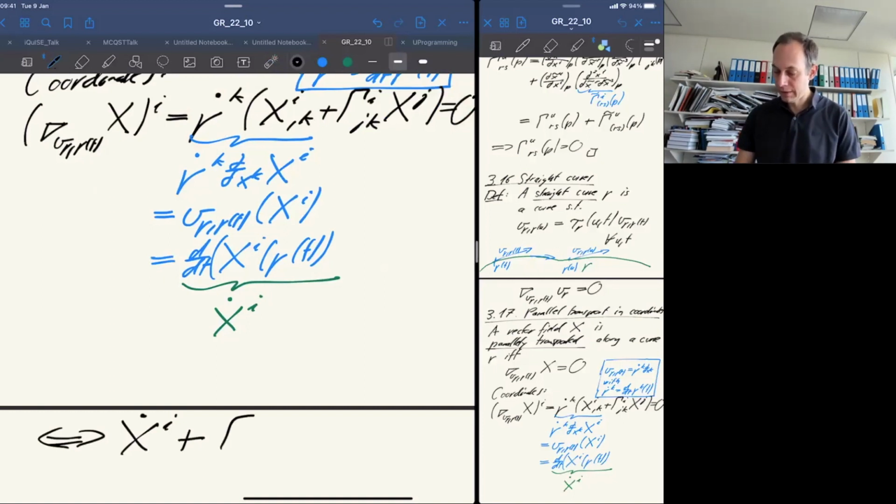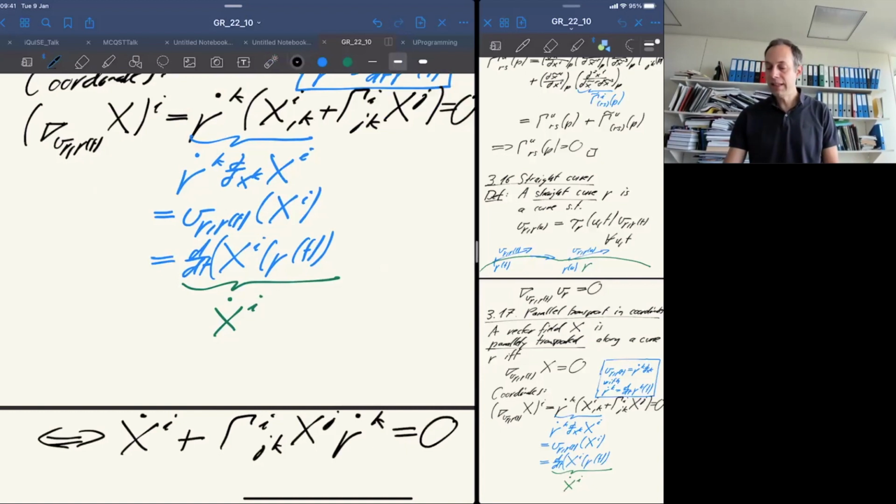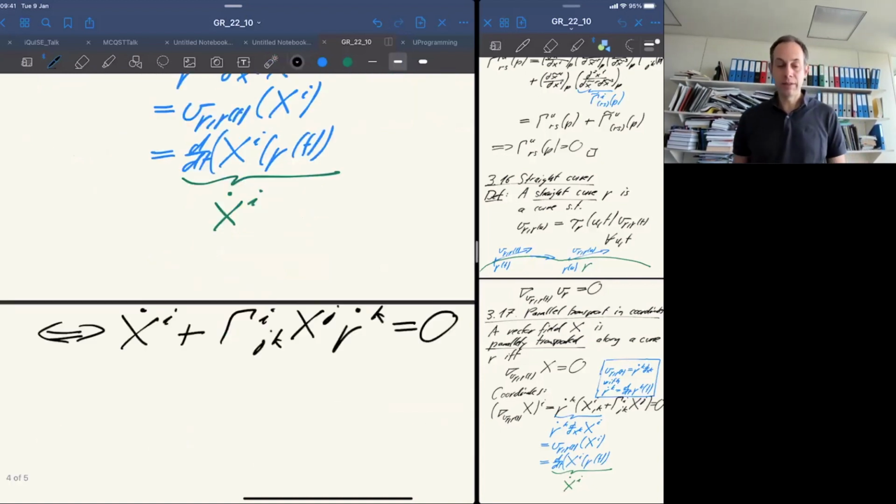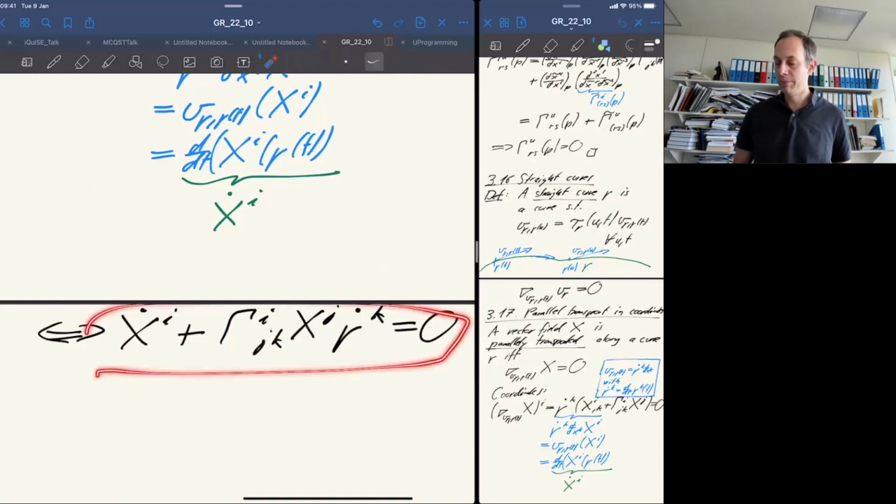So the second term consists of Gamma^i_jk, x^j, and then still the gamma dot from before the bracket has to be applied, and this whole thing should be zero. So that's the equation for a parallel transport of a vector field. Later we'll often have to find out whether a vector field is parallelly transported. So that's really what it means.